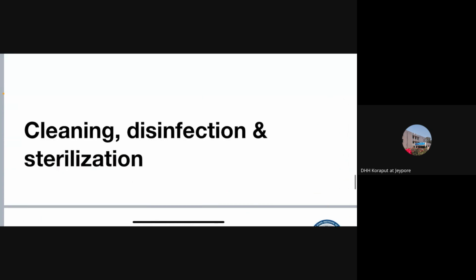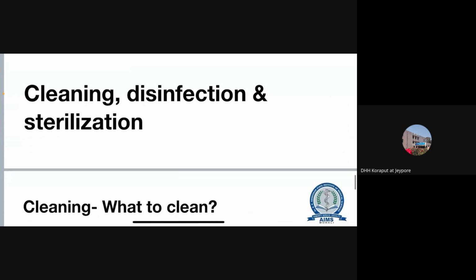Then comes a very important point in good quality patient care: cleaning, disinfection, and sterilization. Sterilization is the highest level of infection reduction, where even the spores, the highly resistant forms of microbes, are killed.